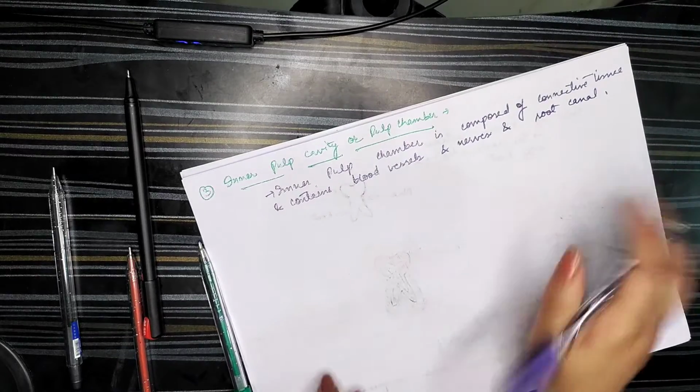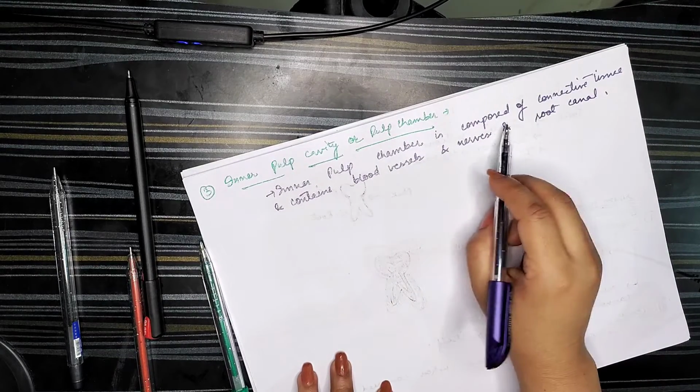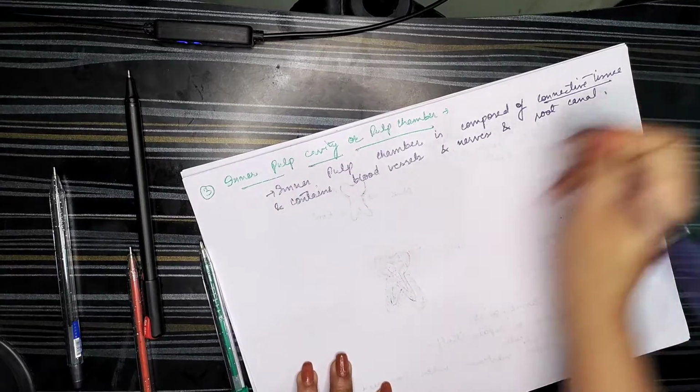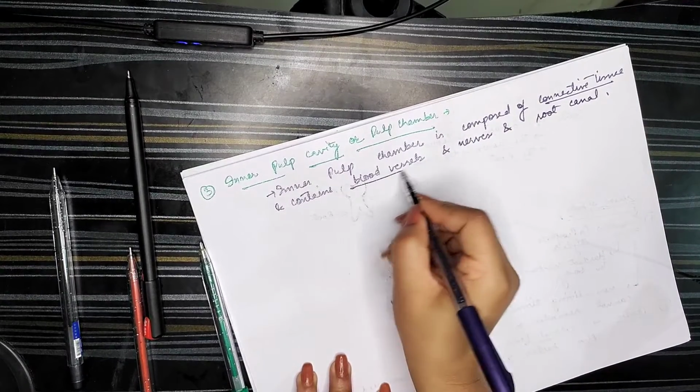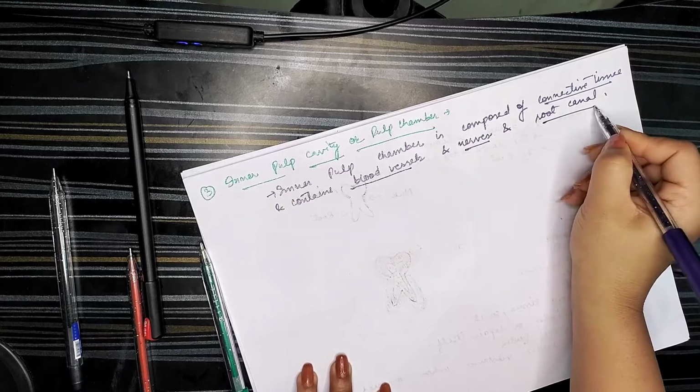So the inner pulp chamber is composed of connective tissue and it contains blood vessels, nerves and root canal.